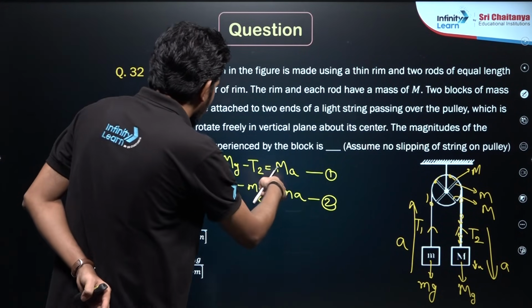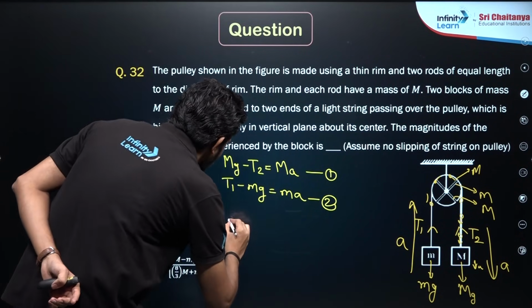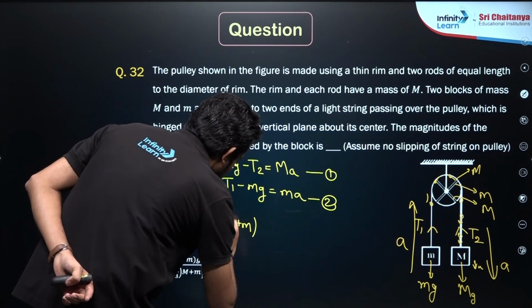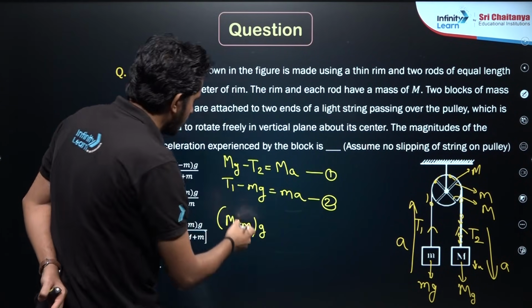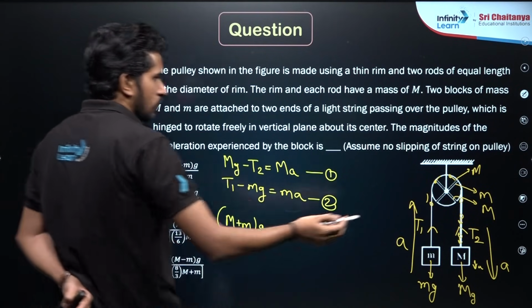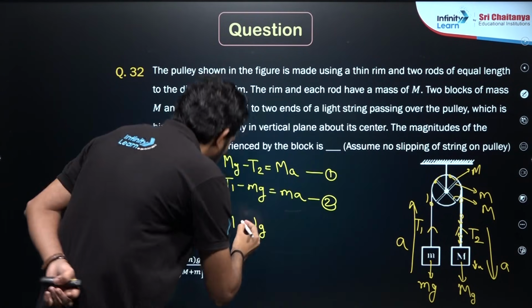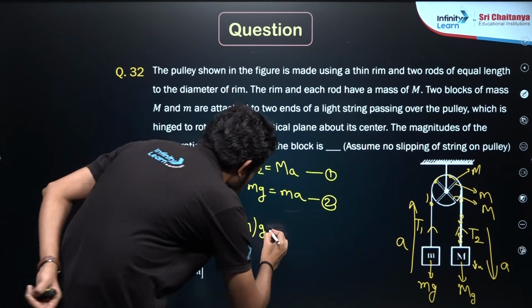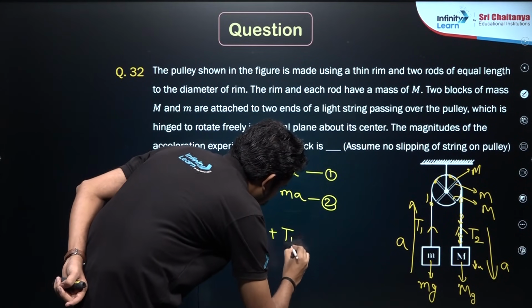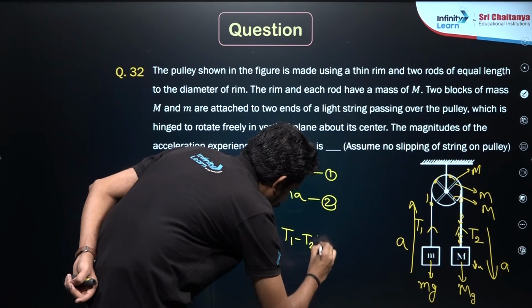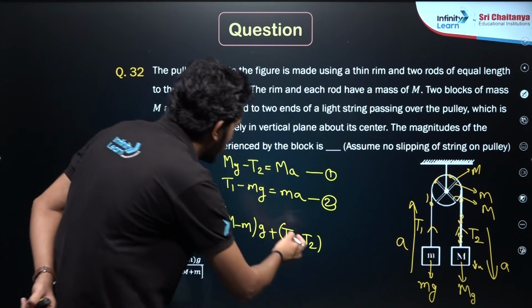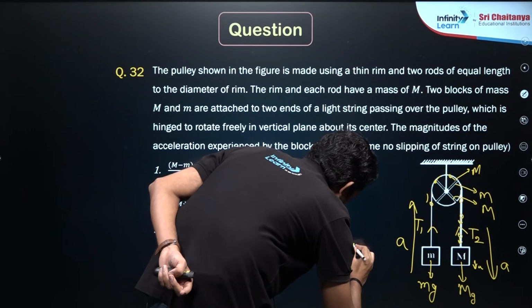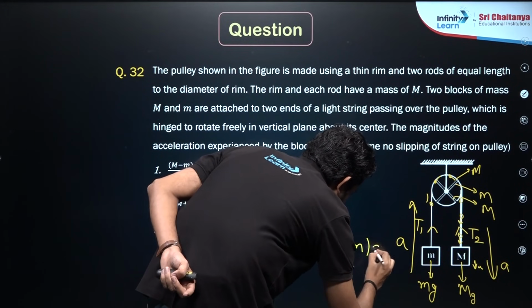So we get M minus m, then T1 minus T2 plus T1 minus T2. T1 minus T2 equals M plus m times a.